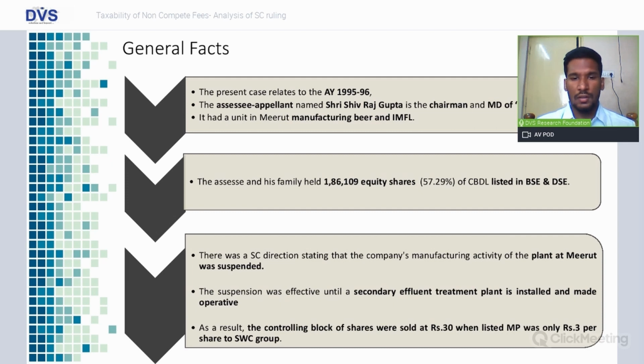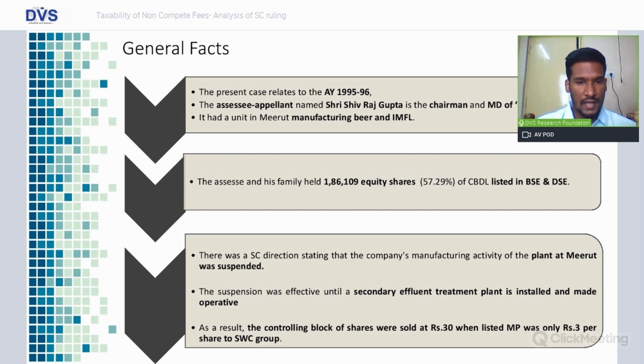Since the company's manufacturing activity at the Meerut plant got suspended, the controlling block of shares held by the assessee as well as his family were sold at rupees 30 per share, whereas the listed market price of the share was only rupees 3. It's a very important point to note because we will have a lot of deliberations going further.